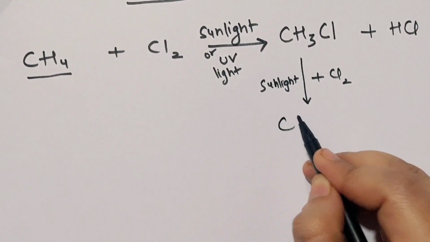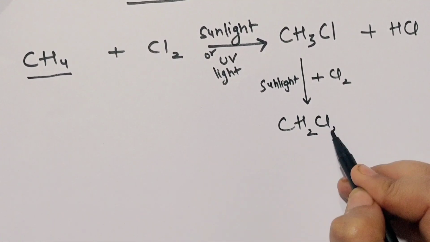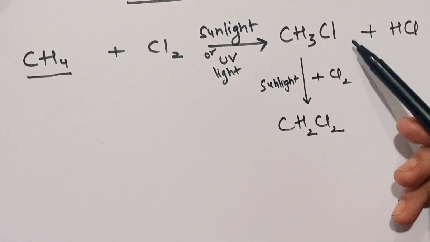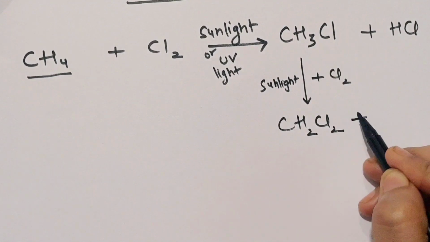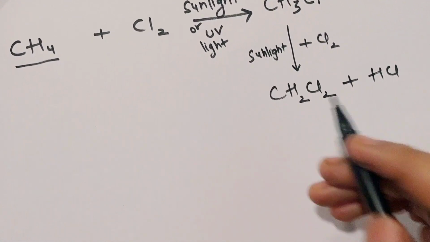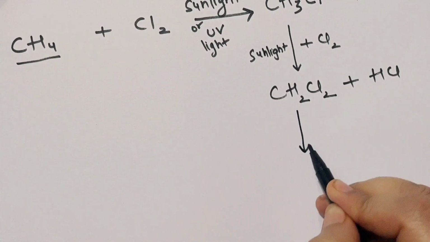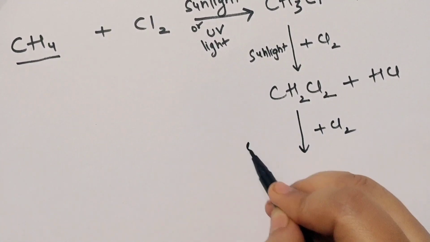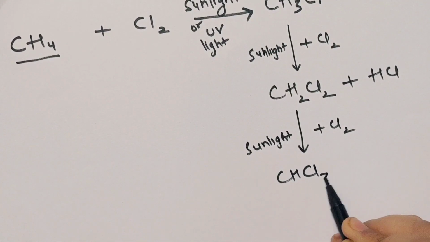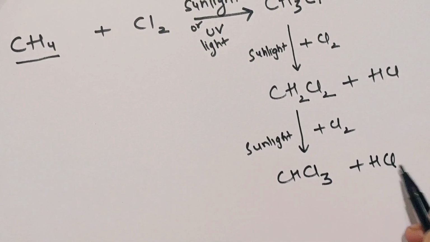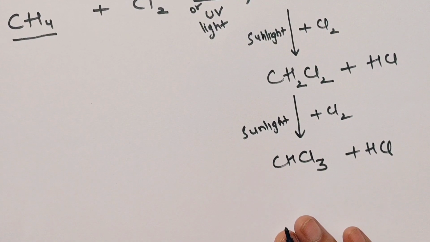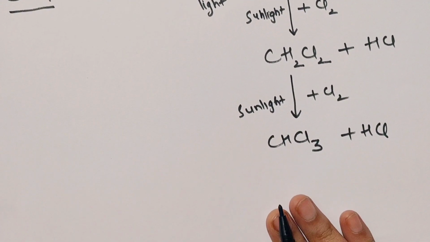It would form now CH2Cl2. Again, a substitution takes place. One hydrogen is removed and a chlorine is added. And again, you get HCl as a byproduct. The reaction still doesn't stop. This is CHCl3, commonly known as chloroform.